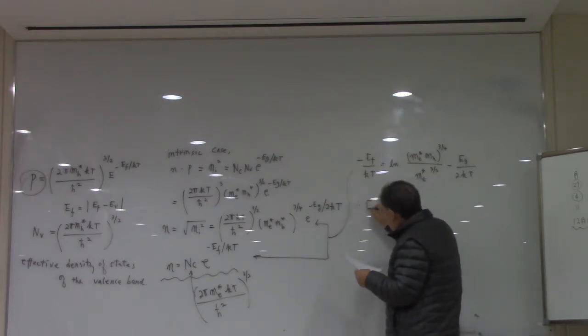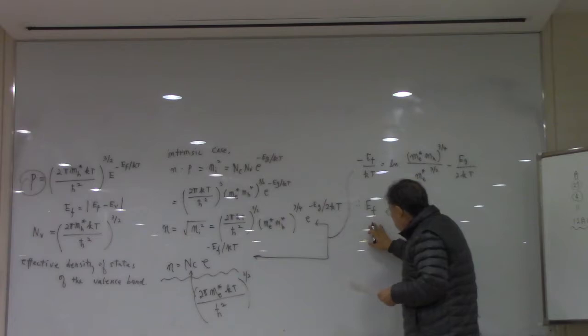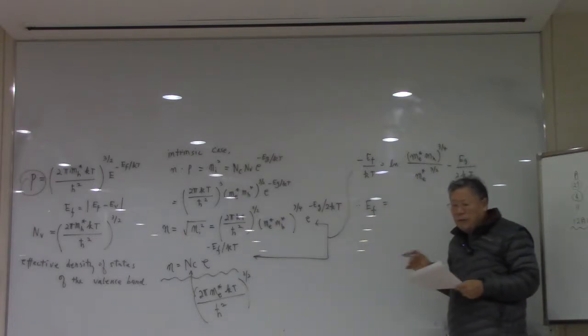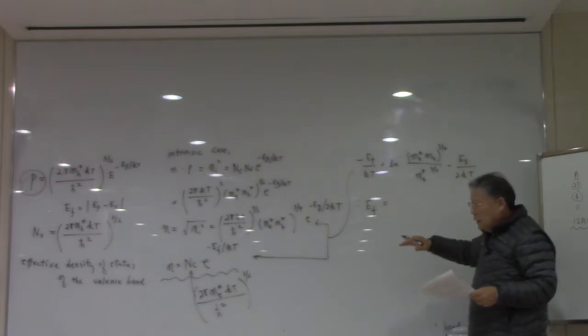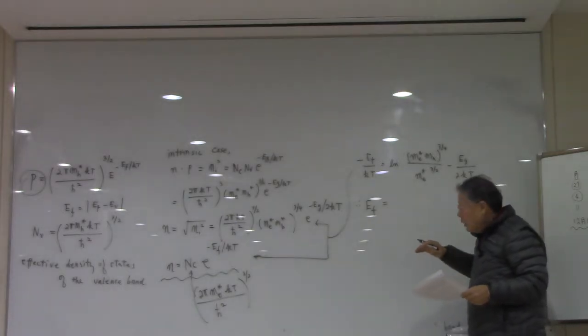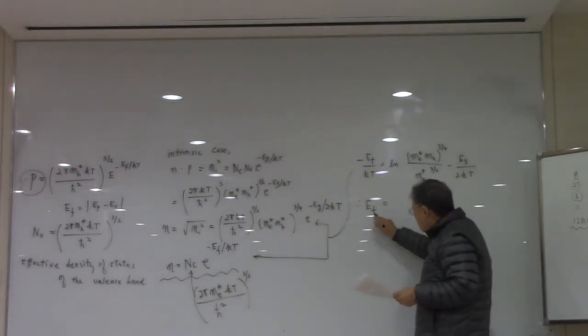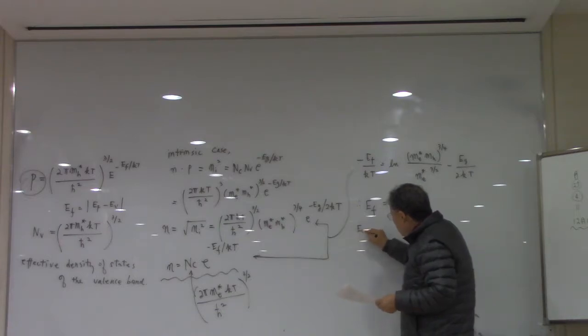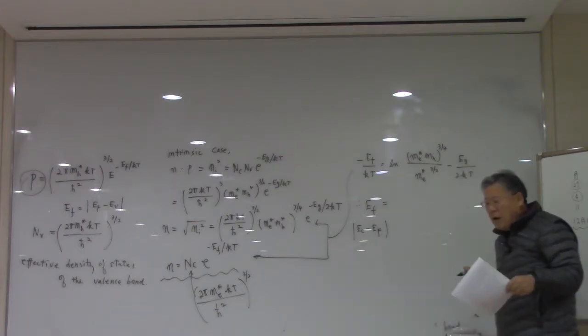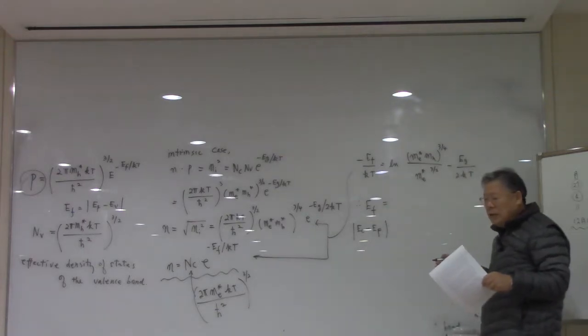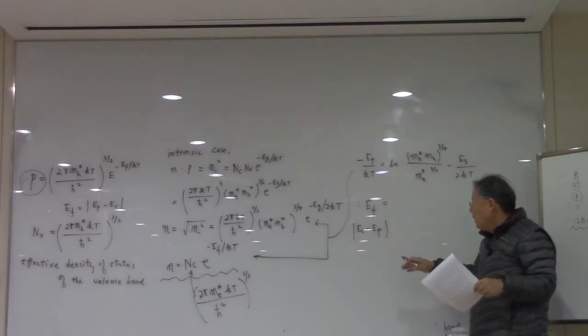So, EF, that is the location of the Fermi energy with reference to the conduction band, right? This EF is nothing but the magnitude of how far the Fermi energy is away from the conduction band.